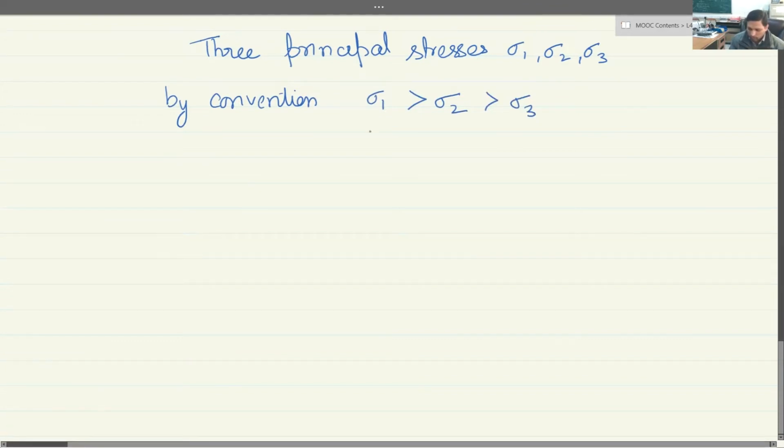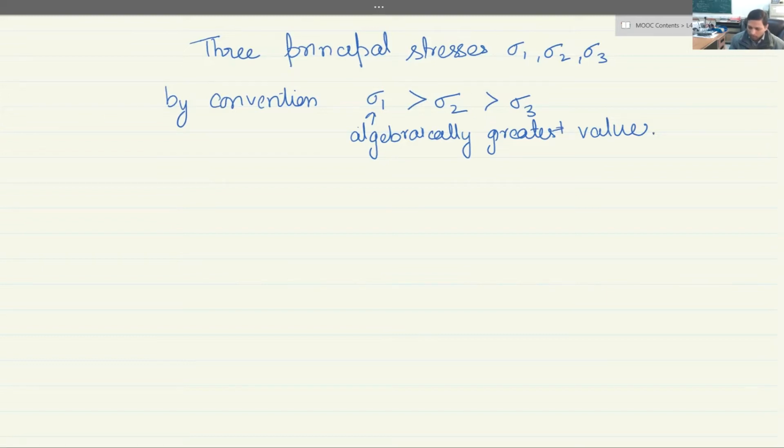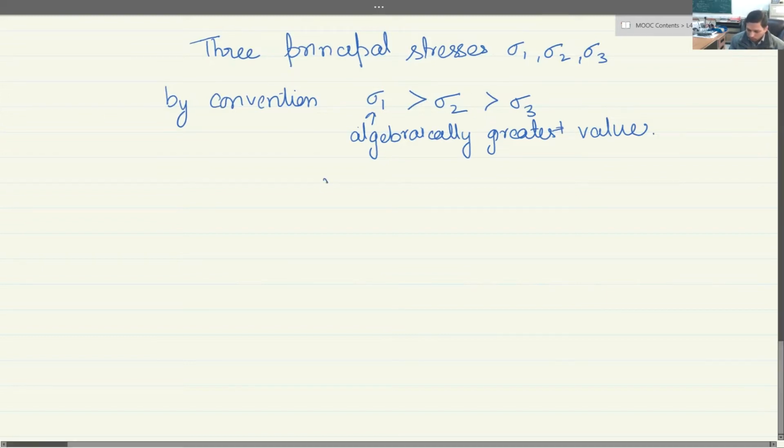So sigma 1 is algebraically the largest principal stress, meaning including the positive and negative sign, whichever comes out to be the highest number would be defined as sigma 1. So this is the order sigma 1, sigma 2, sigma 3, and sigma 3 would be the smallest one.